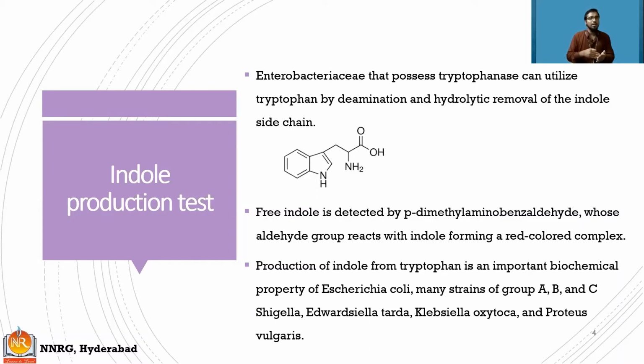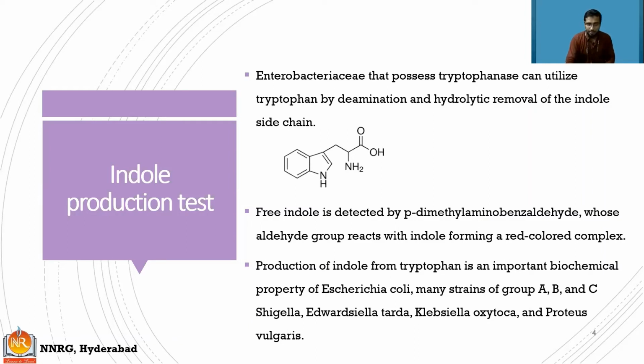It helps in digestion. So this test gives positive with E. coli. Many strains of group A, B, and C Shigella, Edwardsiella tarda, Klebsiella oxytoca, and Proteus vulgaris are all bacteria included in the Enterobacteriaceae members.